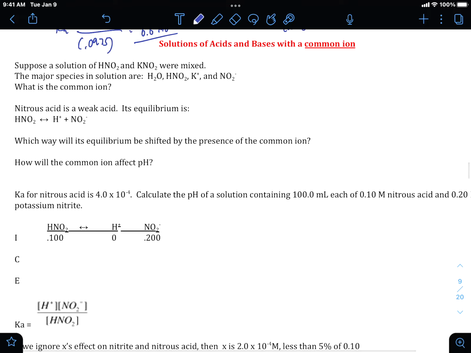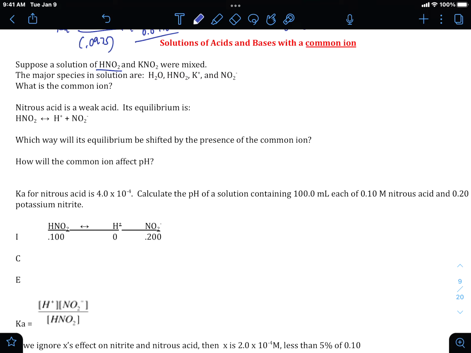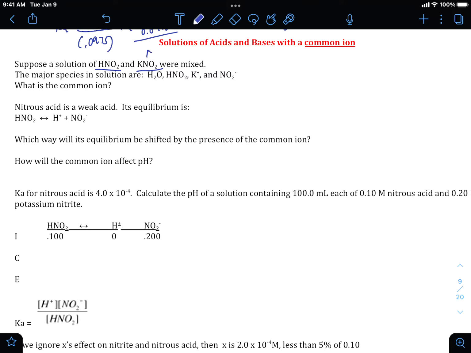So we already touched upon common ion problems, so let's do it again just to make sure we know how to handle it. Let's suppose we are mixing a solution of nitrous acid, HNO2, and KNO2. The KNO2 being a salt, the potassium is of no consequence. The point is you're mixing NO2 minus. These are the two things being mixed.